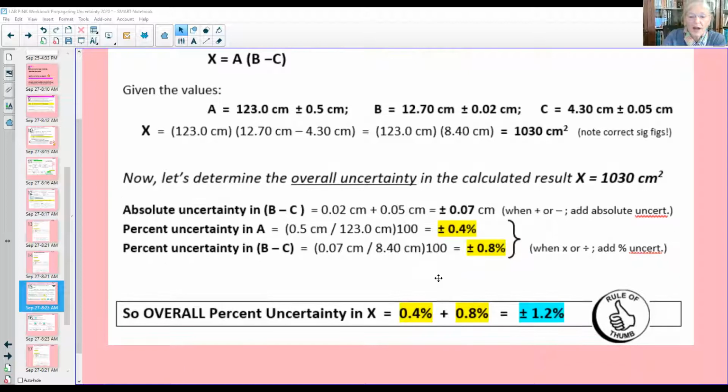So now you've got 2% uncertainties, one for A and one for this combined parenthetical phrase. You add the percent uncertainties together since you're multiplying, and your overall percent uncertainty is 1.2. Now, since that number is less than 2%, the overall percent uncertainty rule is I can keep 2 sig figs. Remember, I'll never grade you on this.